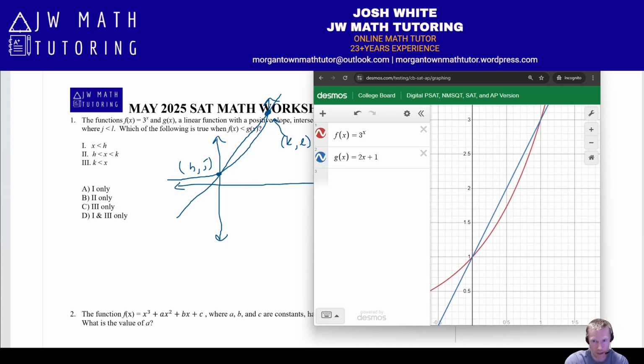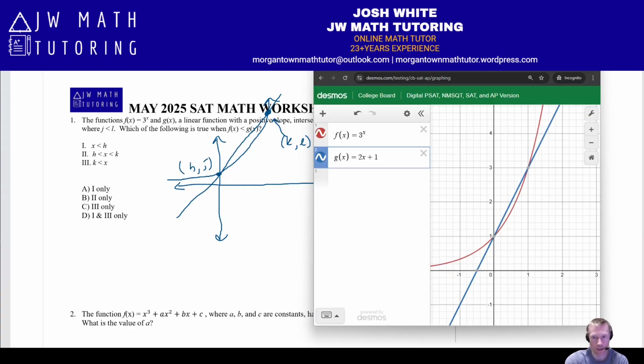And now we have a nice picture right here. So when f of x, which is the red, is below g of x, which is the blue, which of the following is true? Well, basically it's asking in which region do the x values exist where that happens? In other words, where are the x values for which this is true?